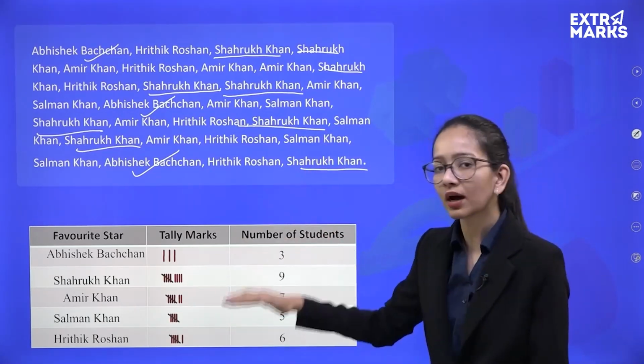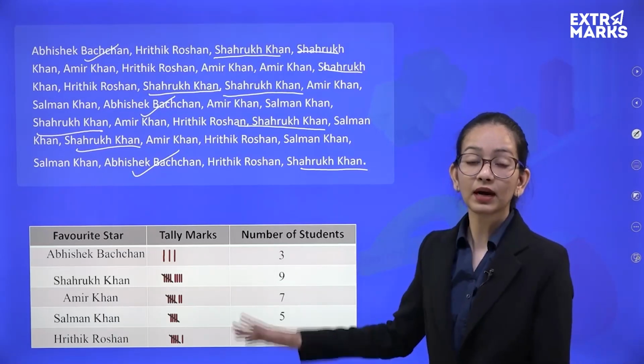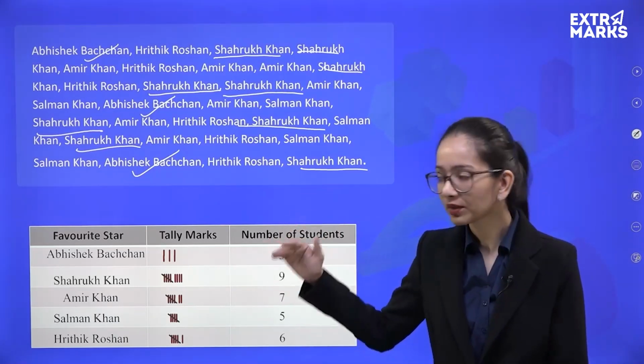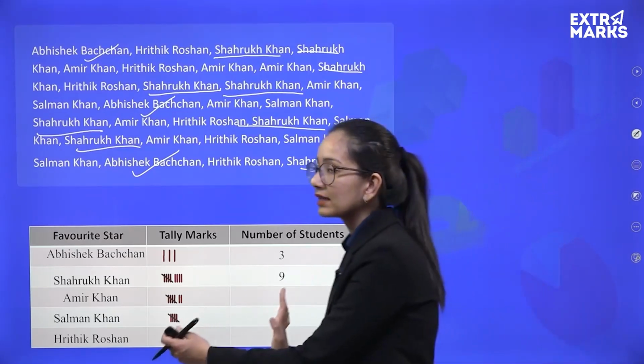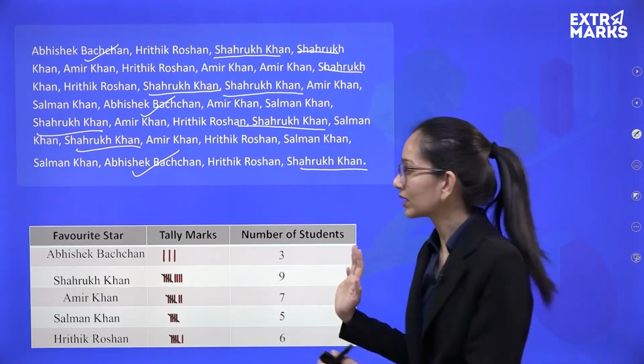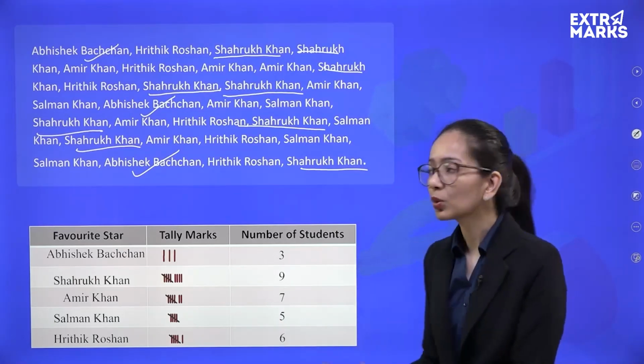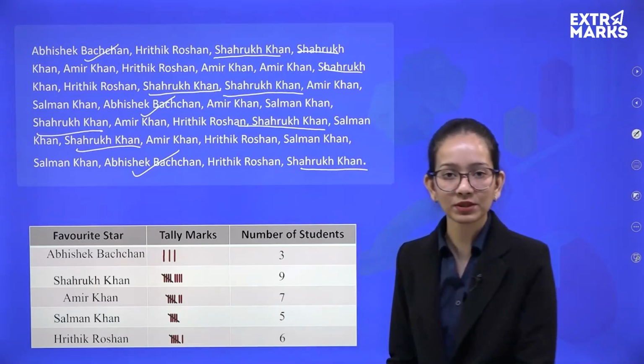Now, both are the same data, but the above data is in raw form and the below data is in organized form. We can easily read this data, easily handle this data, and easily extract the information from it.